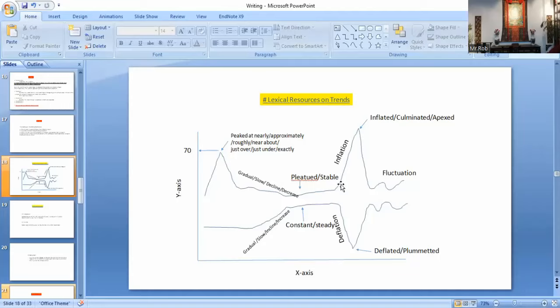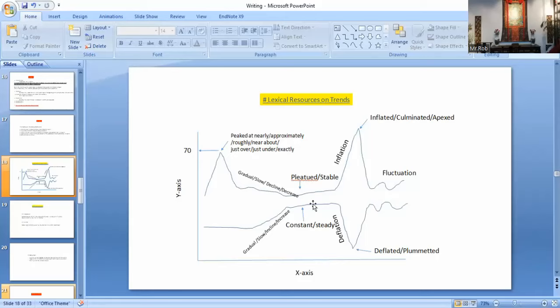And if something is increasing rapidly, then you have to use words like inflation. And when it reaches its climax, then you have to use words like inflated, culminated, or apexed. And similarly, when it is increasing gradually, slowly, you have to use words like gradual, slow, decline, or increase.